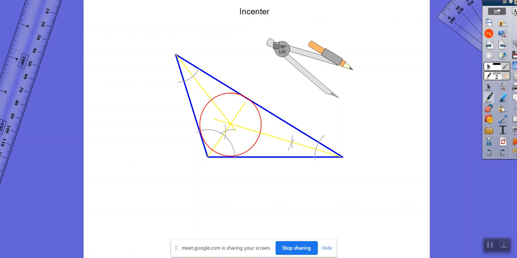So this perpendicular line is equal to this perpendicular line, which is equal to this perpendicular line. All three of these distances are equal. And that is the definition of the incenter, a point that is equidistant from all three sides.